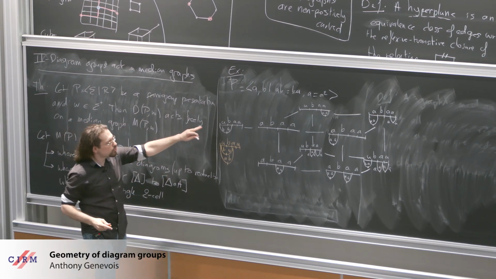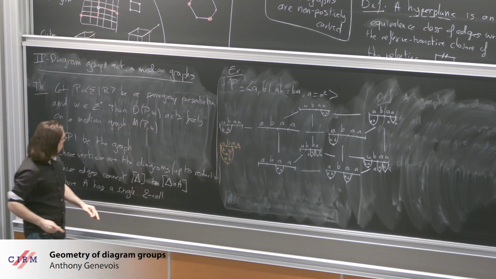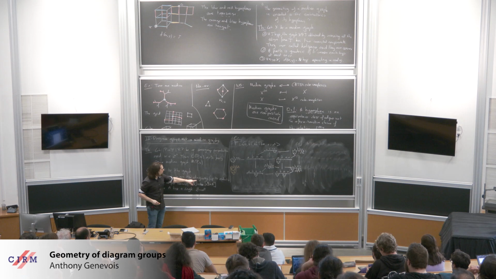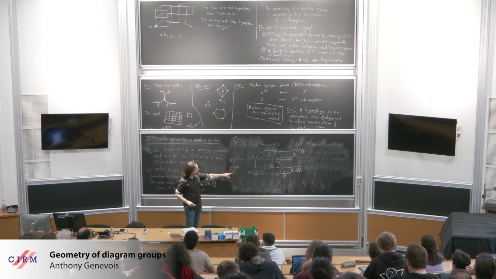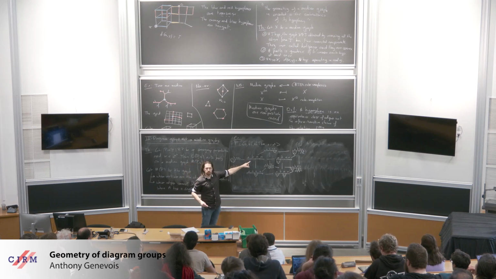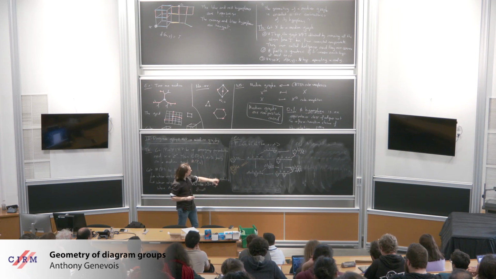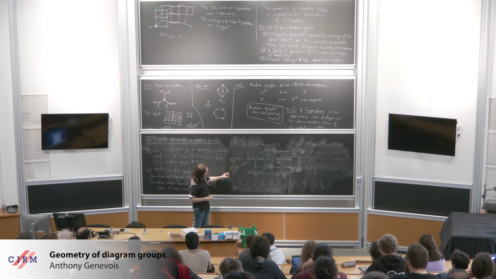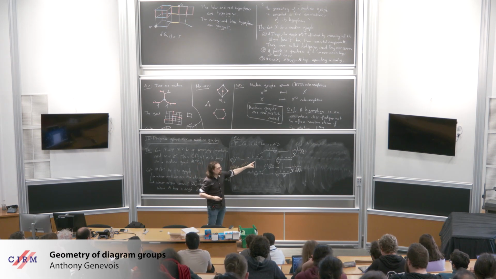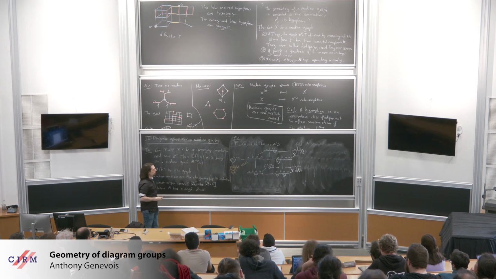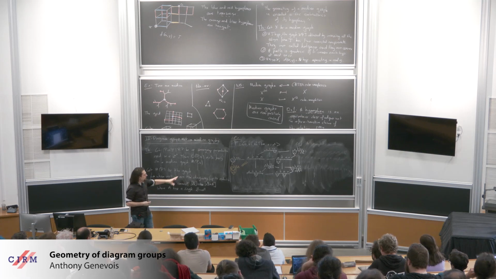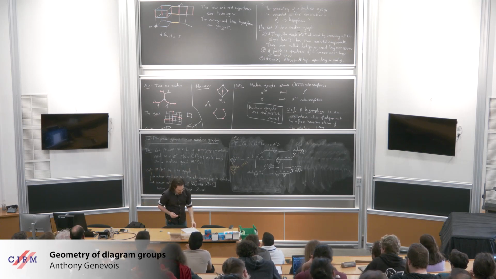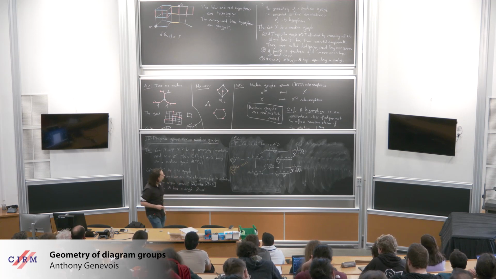So I only draw diagrams, but to be precise, they are not diagrams. They are classes of diagrams up to dipole reductions. So this diagram is the same as this one. So actually, when I add these two cells, I'm just going back to my initial point. And that's how I draw my graph.